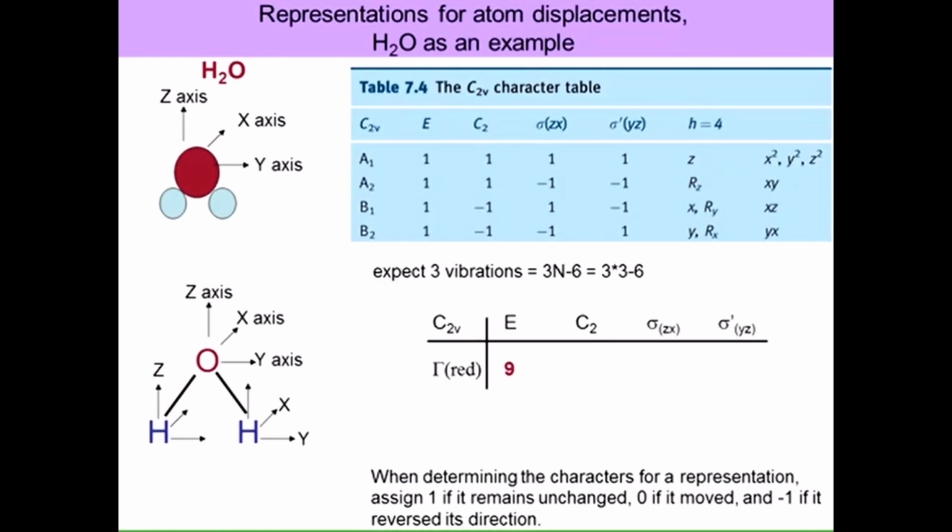This Y is going to be here, this X is going to be here, but Z is going to remain the same. So Z will contribute 1, this X will contribute -1, and this Y axis will contribute -1. So in total: -1, -1, +1, so overall it will become -1. The C2 contribution will be -1.